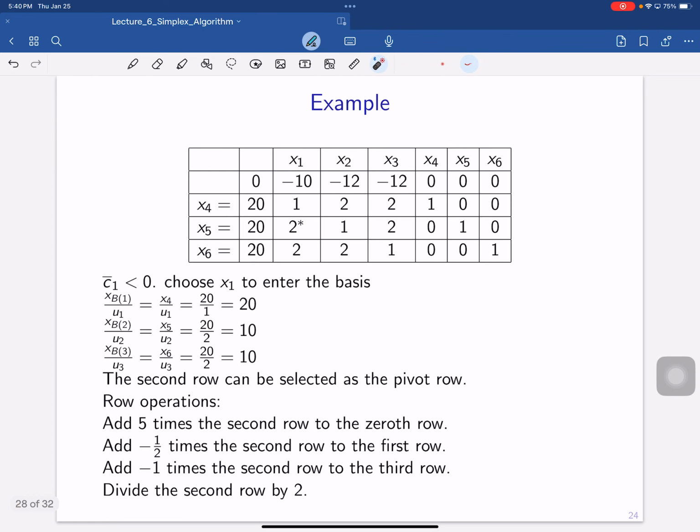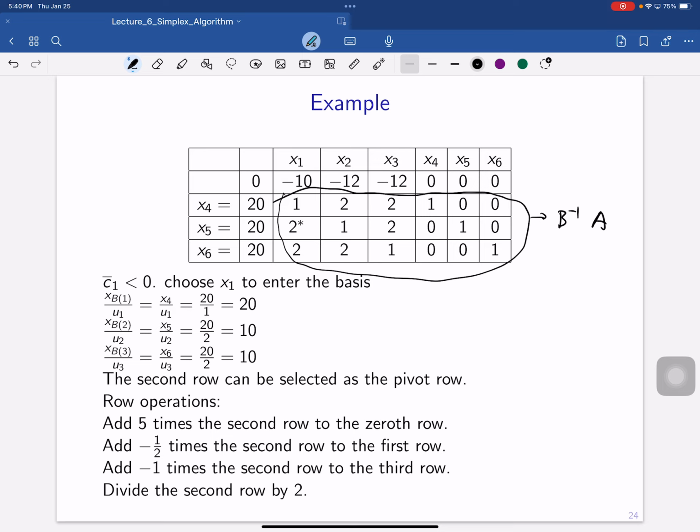So to start with, let's say you calculate the B inverse, and you get that x4, x5, and x6 equal to 20. And those columns, this part of the columns, they are the B inverse times the matrix A. So for each column, you just calculate B inverse times the column vector, right?